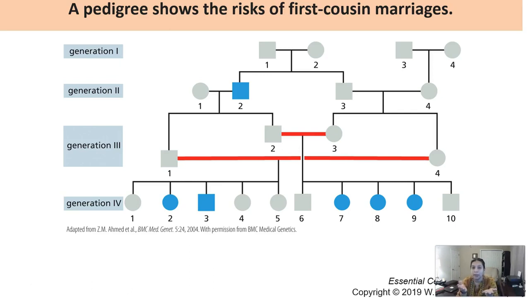So here is an example of how first cousin marriages can increase the likelihood of various recessive mutations leading to disorders, just like deafness, which is a recessive trait.